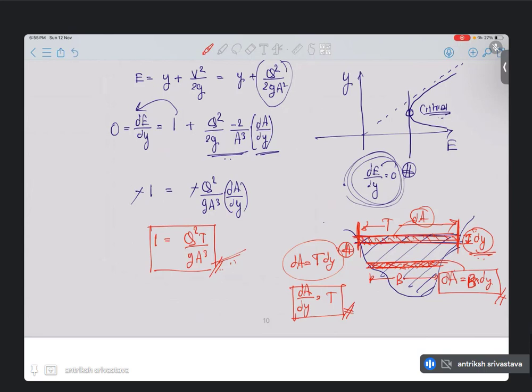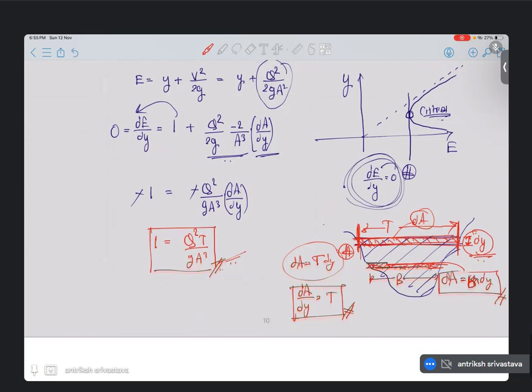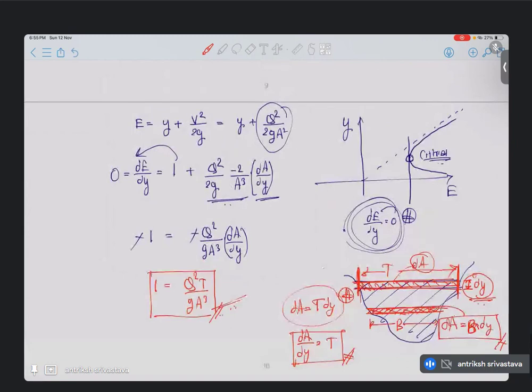Yeah, Shailene, you wanted to say something. Yes, sir. Here we are dealing with the rectangular section, right? No, it is actually general. No matter if it is a rectangular channel or a trapezoidal channel, whenever there is critical flow, this expression is valid.